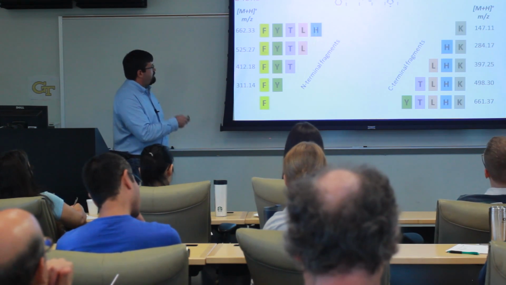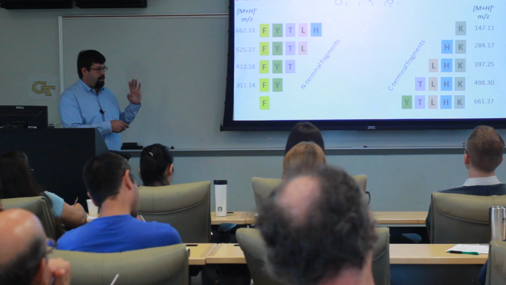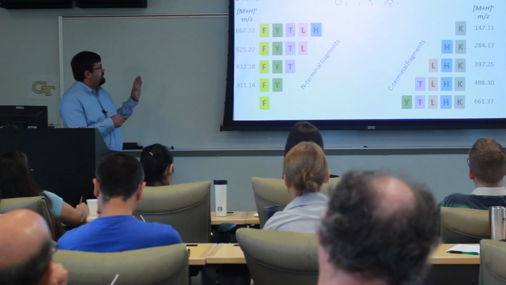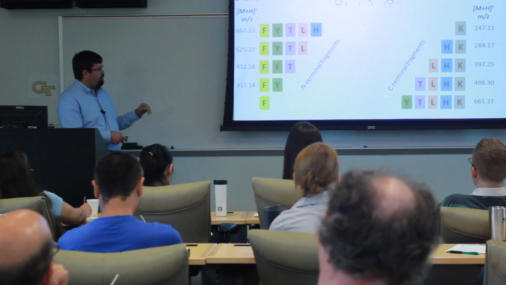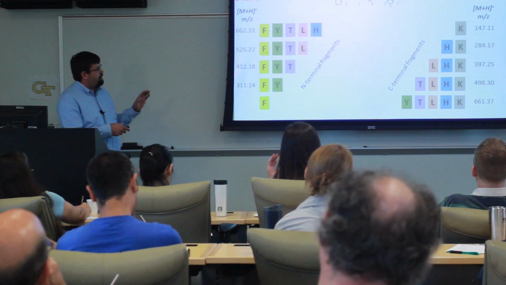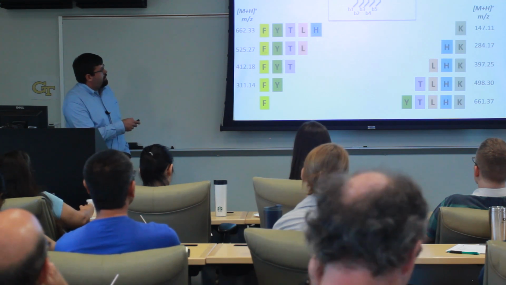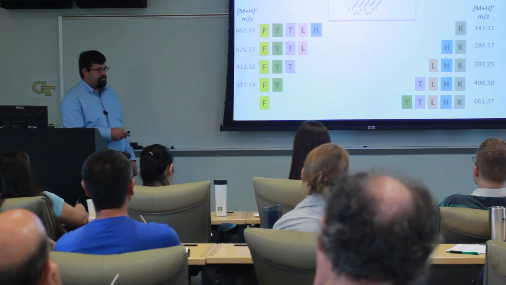The N-terminal fragments that are generated by this approach, CID or CAD, are called b ions. The C-terminal fragments are called y ions. And so what we would get from this type of experiment would be a peptide sequence.